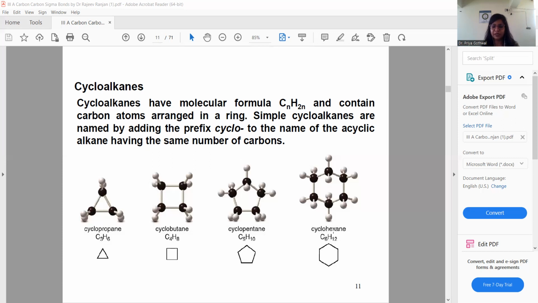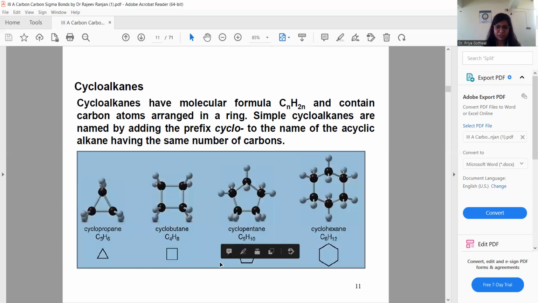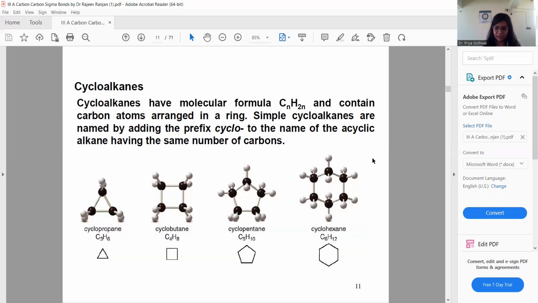In cyclohexane, the molecular formula is C6H12 in a cyclic manner. All of these compounds are in cyclic form, which are alicyclic, in the aliphatic category, known as cyclo compounds in organic chemistry. Next we can discuss the following category.